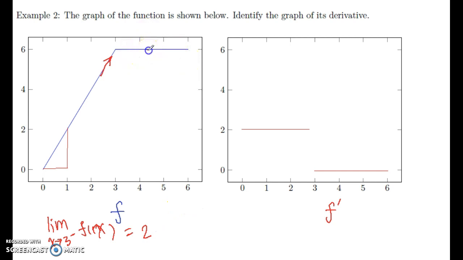But the limit as x approaches 3 from the right, so numbers that are bigger than 3, f of x has a slope of 0, because it's a horizontal line. Because these two, the left side limit and the right side limit, do not equal, the limit does not exist, and we put a hole right here.